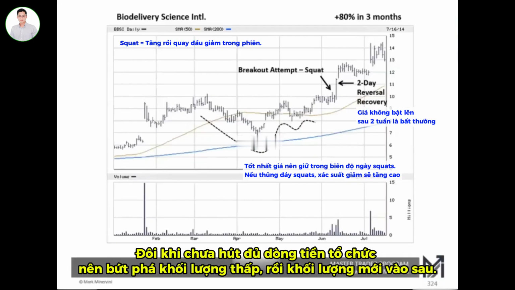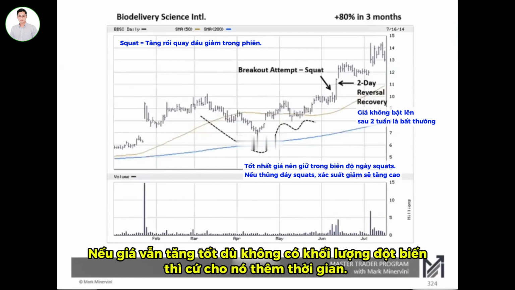And so sometimes you do get lower volume breakouts, and then the volume comes in later on. But if the stock has a nice move, and it's not on a huge increase, give it some time to see if it continues on. Right. Yeah.